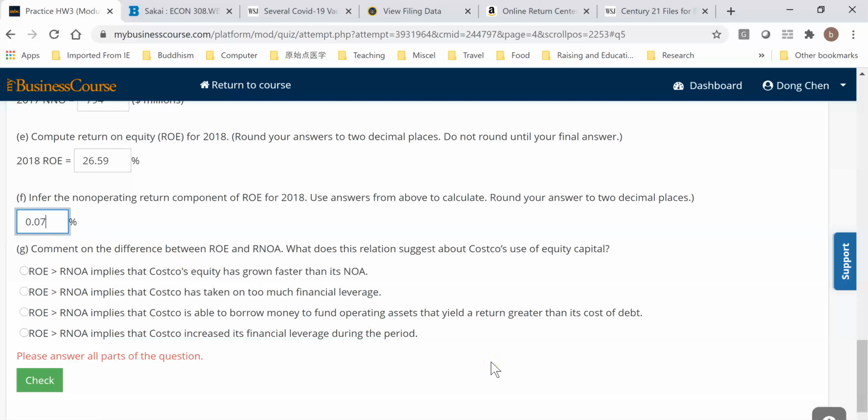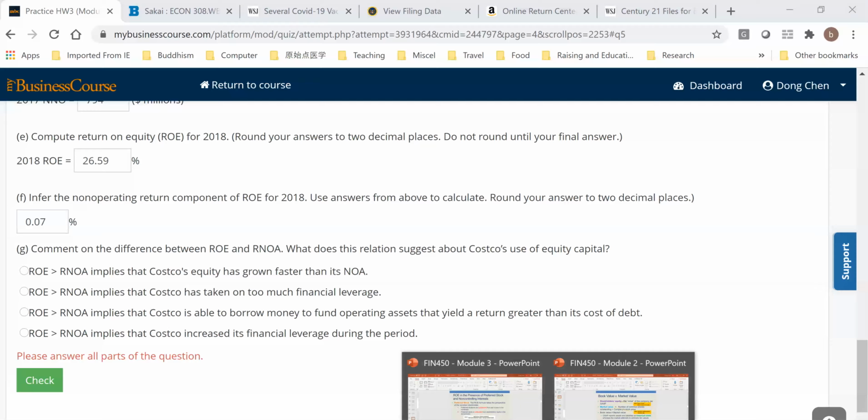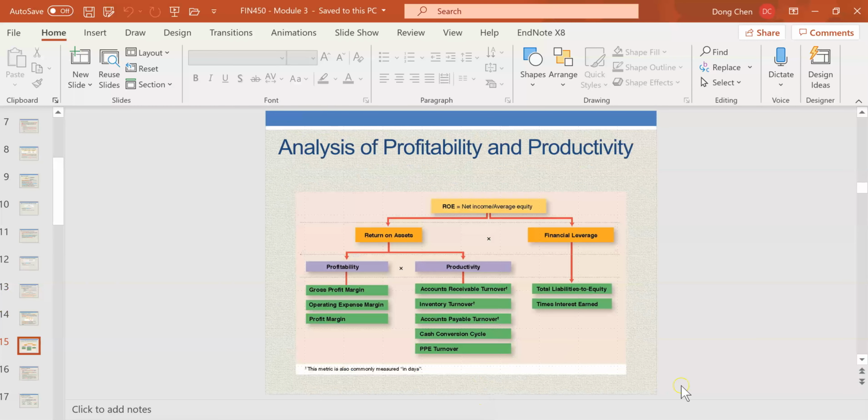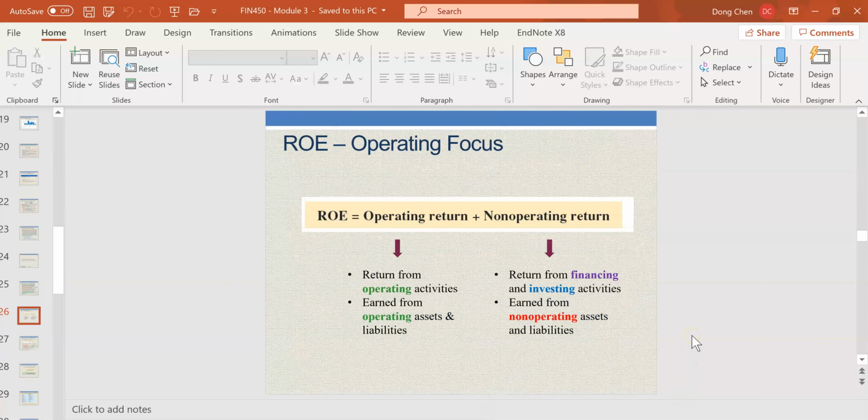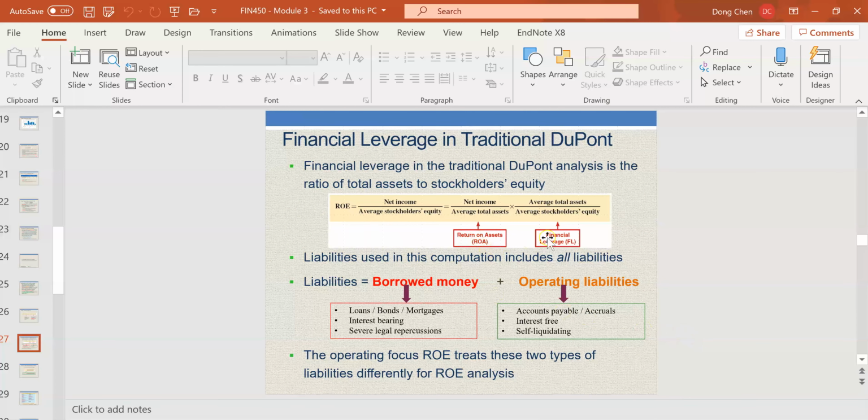Remember, the reason we decompose ROE into the operating return and the non-operating return, if you check my lecture slides, is that in the ROE decomposition the liabilities are the sum of two parts: the borrowed money, which is what we generally call the leverage, and the operating liabilities.